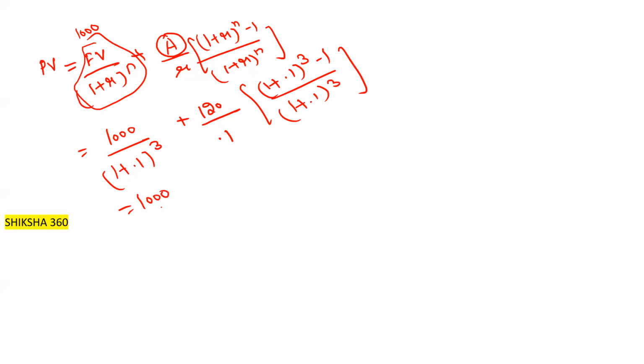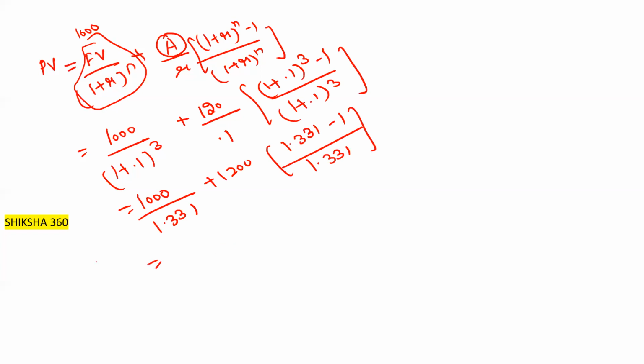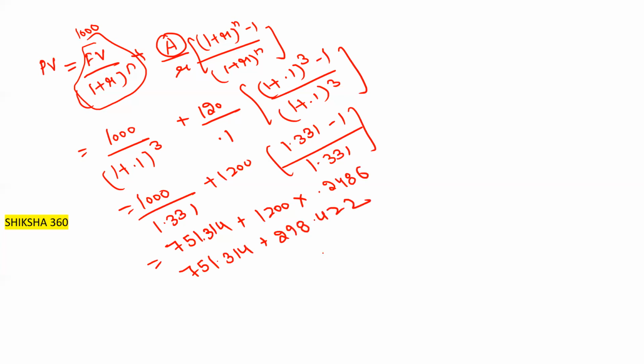So 1000 upon 1.331 plus 1200 into 1.331 minus 1 upon 1.331. 1000 divided by 1.331 gives 751.314, plus 0.331 divided by 1.331, that is 0.2486, into 1200, which gives 298.422. Overall we get 1049 rupees 73 paisa.